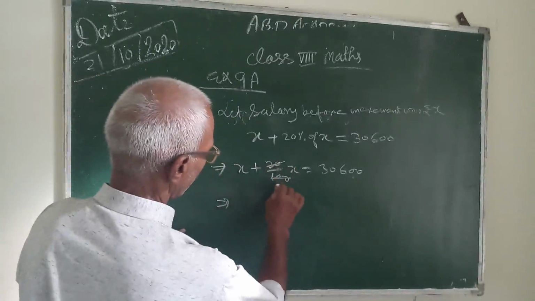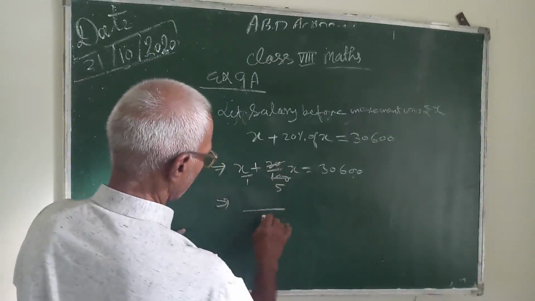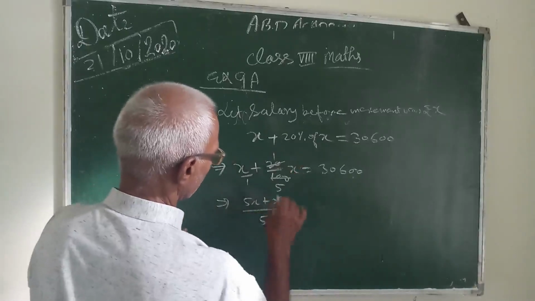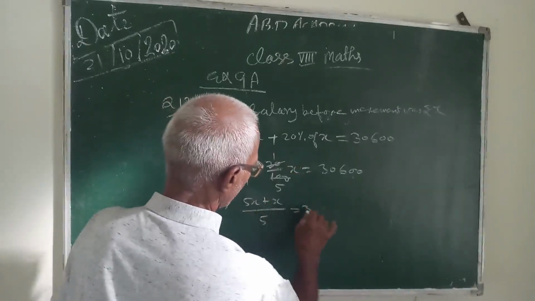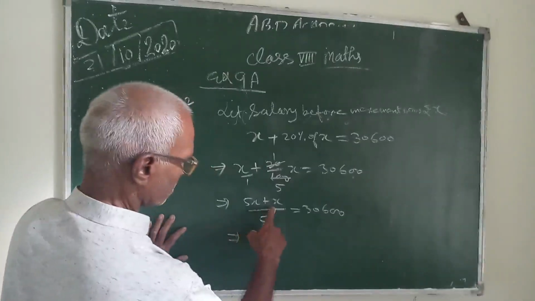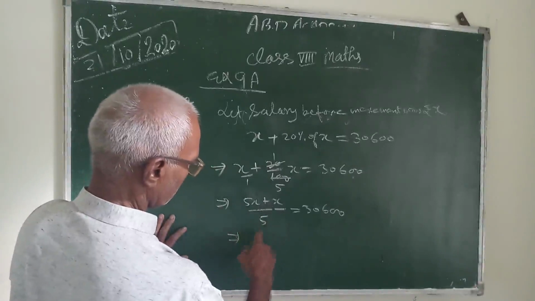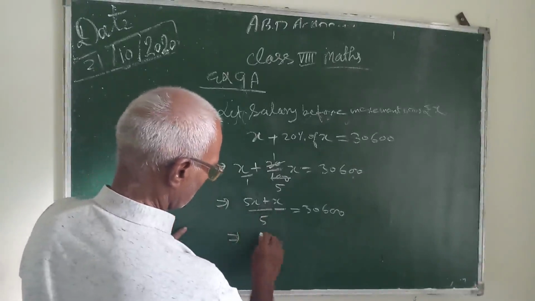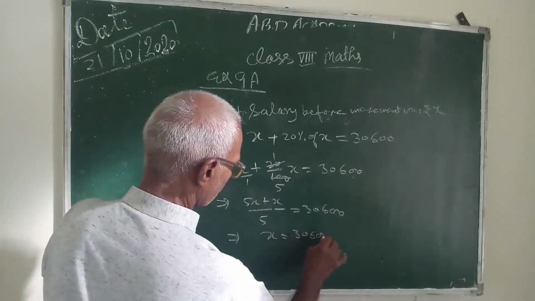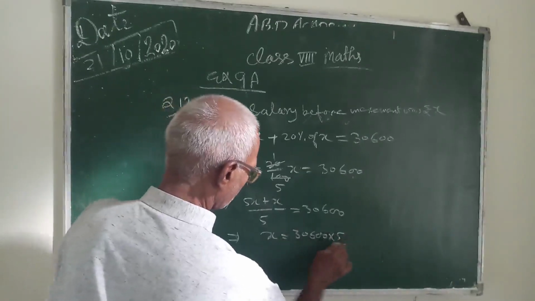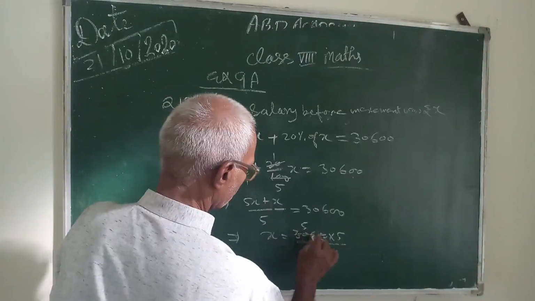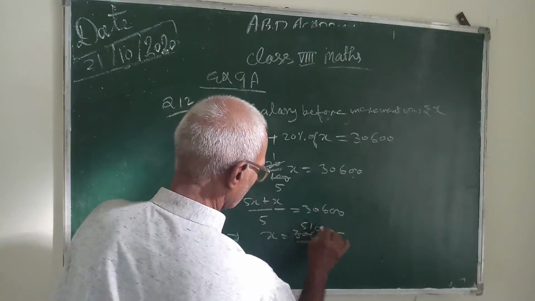You solve this simple equation. Take the LCM, it becomes 5X plus X, because here is 1, equal to 30,600. Here becomes 6X over 5 equal to 30,600. So X is equal to 30,600 times 5 upon 6. 6 fives are 30, 6 ones are 6, 0, 0.